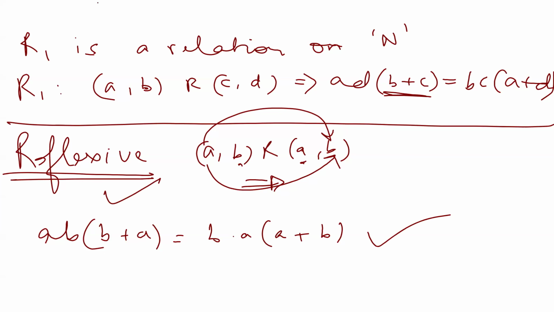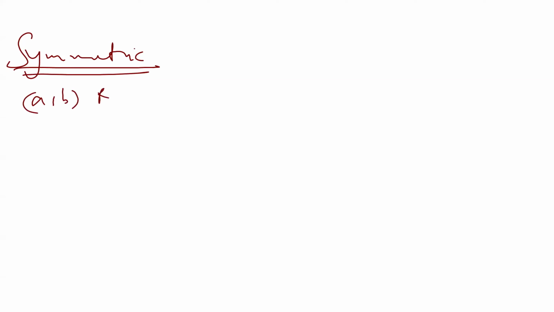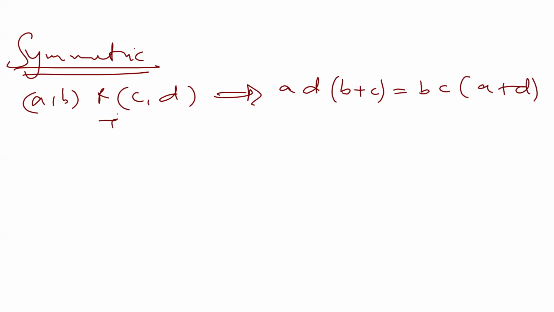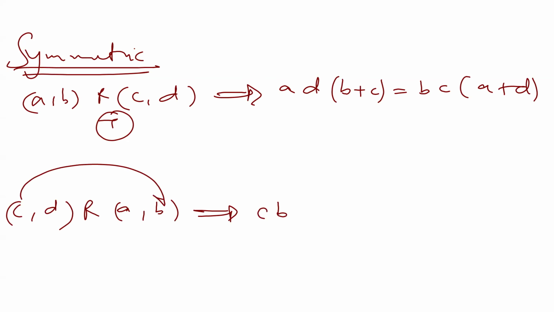Second, symmetric. AB relates to CD implies AD(B plus C) equal to BC(A plus D). This is true as per the given condition. Now let us check the reverse. This also has to be true. So product of the extremes, sum of the means equal to product of the means, sum of the extremes.